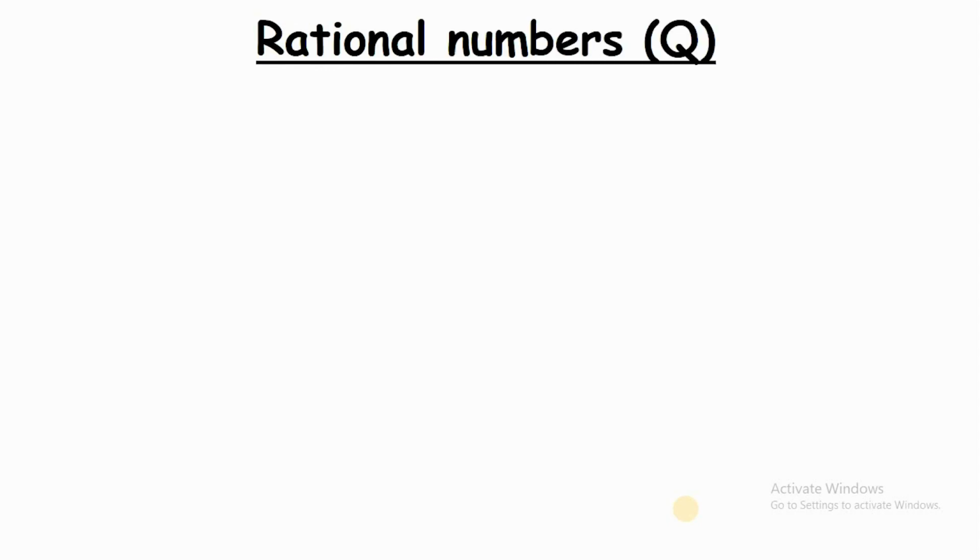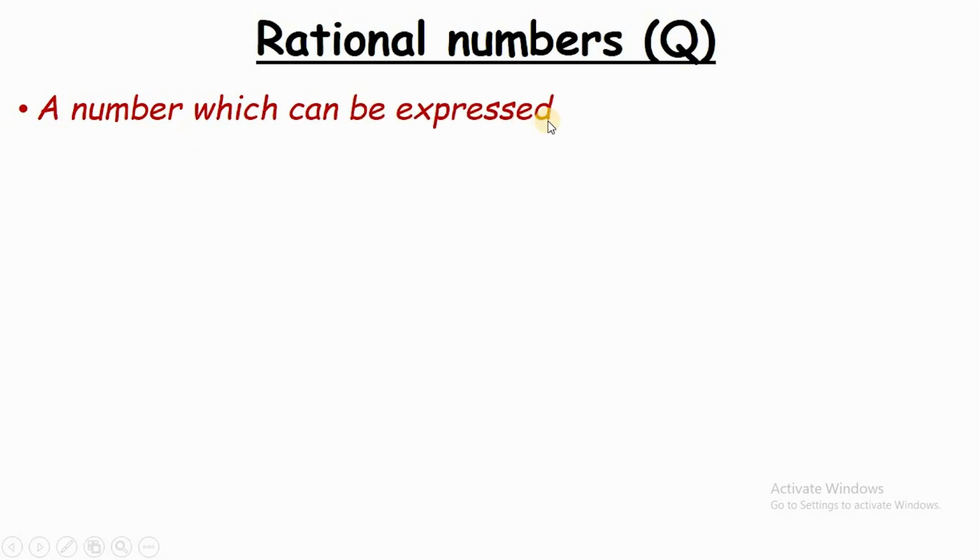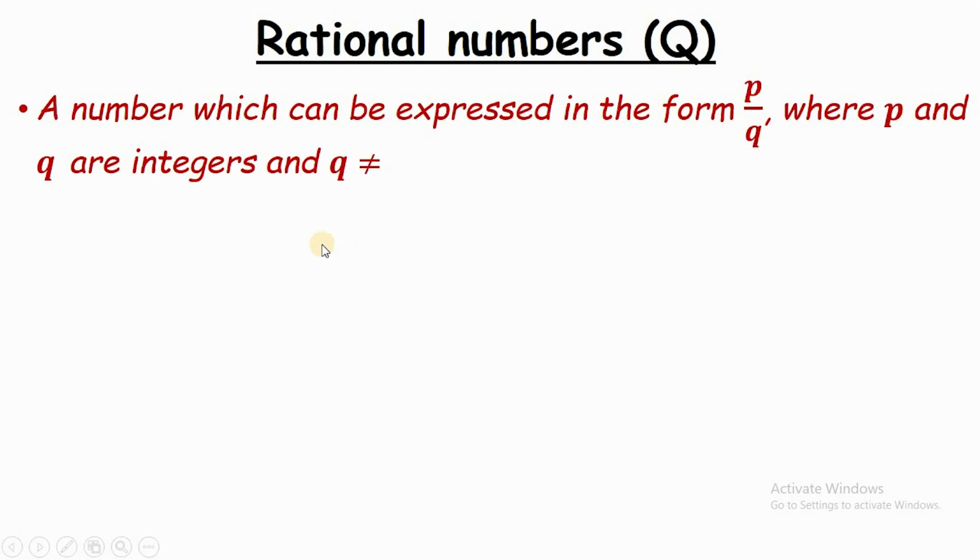So here we'll recall the rational numbers that we have learned in class 8. Rational numbers are denoted by a capital letter Q, and we can define it as a number which can be expressed in the form p by q, where p and q are integers and q is not equal to 0.